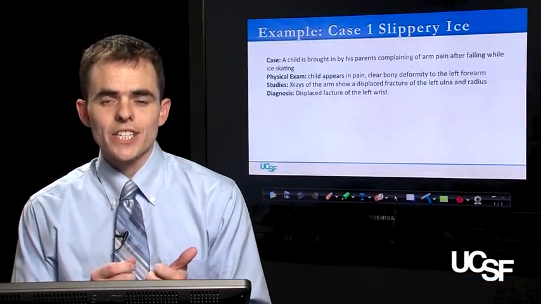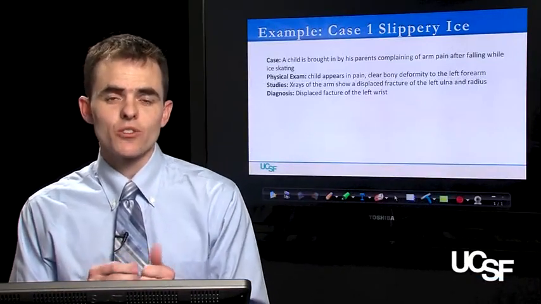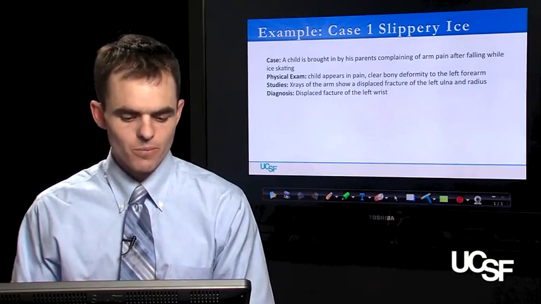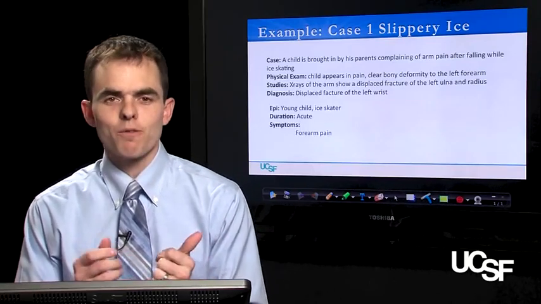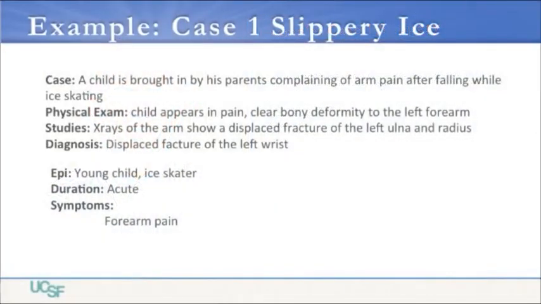Now let's look at what actually happened to that patient's illness script during this case. So we came in to triage, and you get your first illness script, and it says that this is a young child. You can put in your epidemiology that he's an ice skater, I guess. His duration is acute onset of forearm pain after falling. You do your exam, and that updates your illness script: you found this bony deformity on exam.